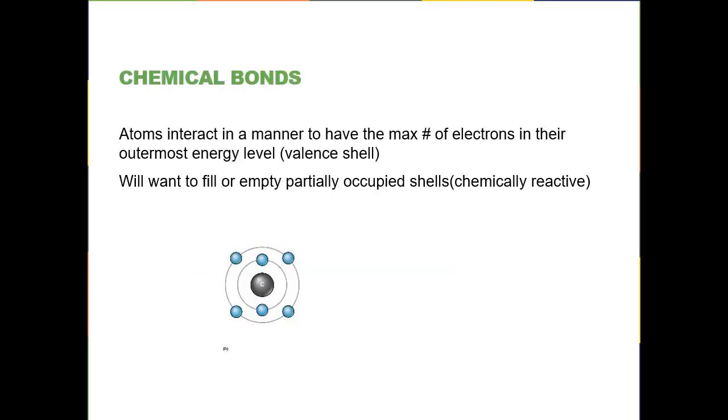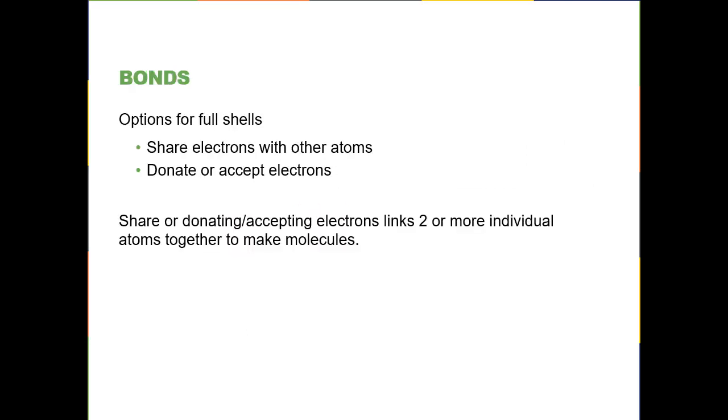So all of your other elements want to change the number of electrons in their outer energy shell to either fill it or empty it. There are 2 different methods they can try.